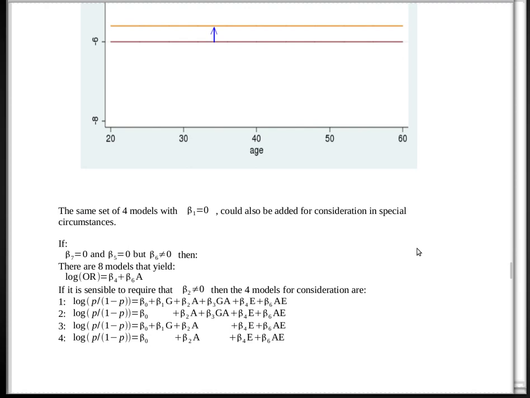And as I mentioned, there might be highly specialized circumstances where one needs to consider models with beta 1 equals 0, but again, highly specialized. Same thing with Model 2 there. Probably not one that one would entertain except in highly specialized circumstances. So the real issue then is the study of Model 1 and then Models 3 and 4.